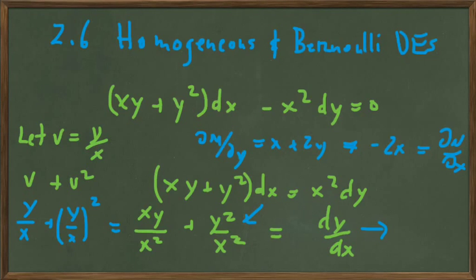If v is y over x, y equals vx, and if we differentiate both sides, we get on the left side dy dx, and on the right side by the product rule, v times the derivative of x is just v, and x times the derivative of v is dv dx. So let's replace dy dx with this v plus x dv dx. And so then let's put that together into our new equation in the variables v and x.